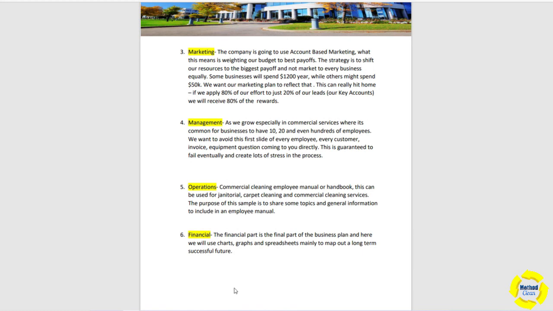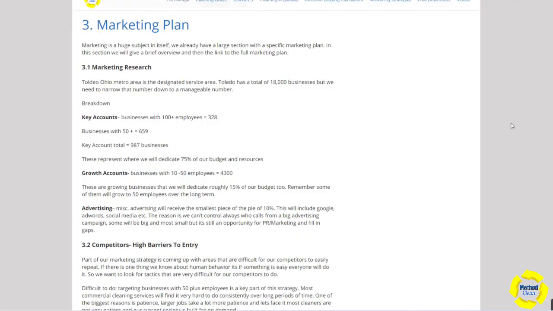Now, in marketing, we are going to switch back to the website. With our marketing plan, we have several subcategories. The first one is marketing research, trying to figure out, well, how many businesses are there?